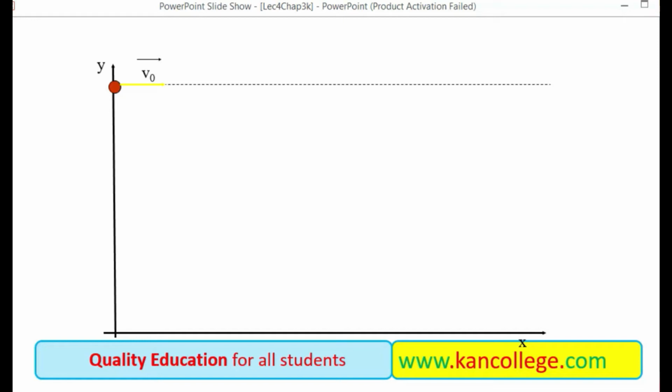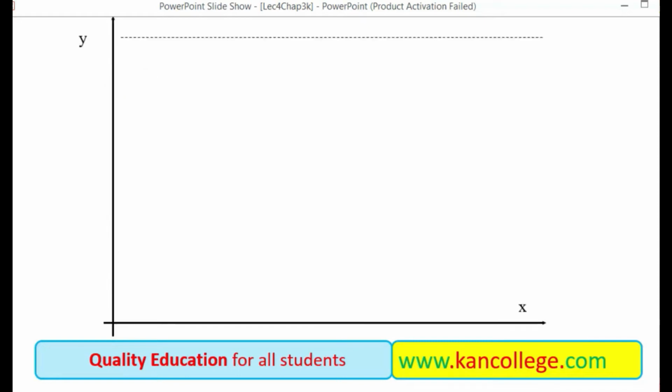But as it starts moving and time starts, the gravitational pull, or the force due to the earth, starts working on it and accelerates it towards the ground, as shown in the figure.